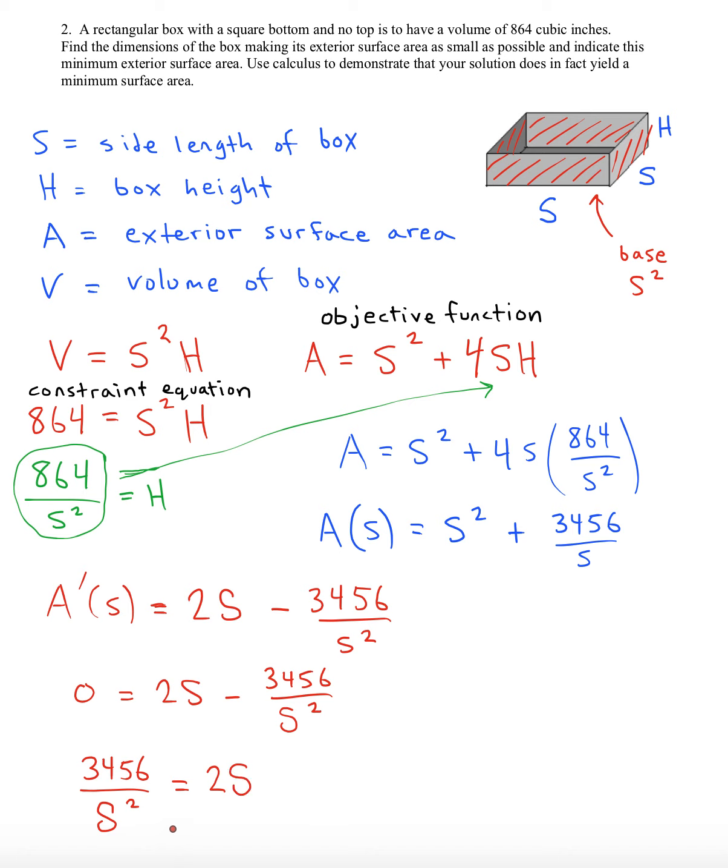Multiply to the other side, you get 3456 equals 2S cubed. And if you solve that, you find S equals 12.